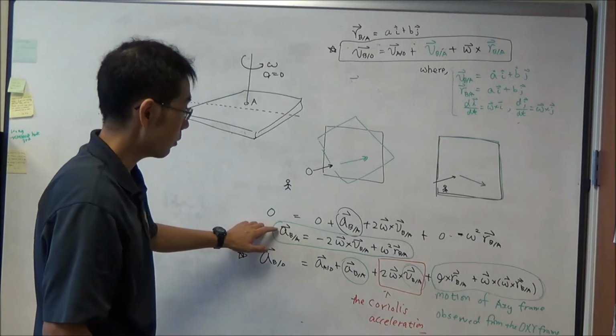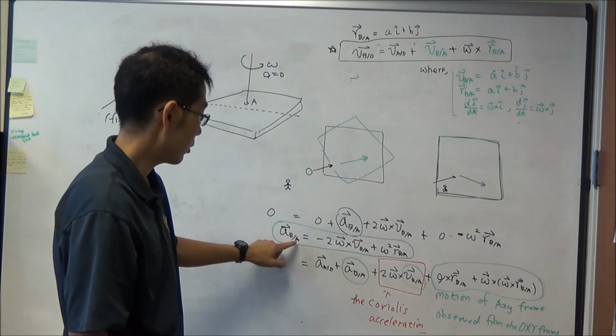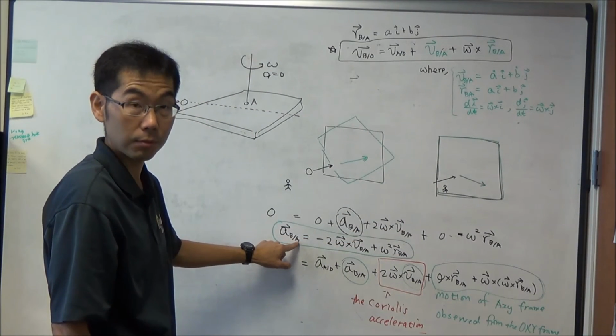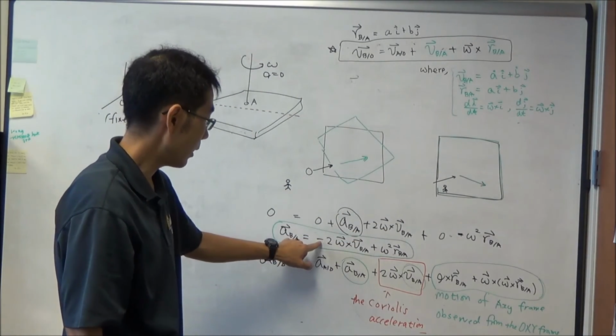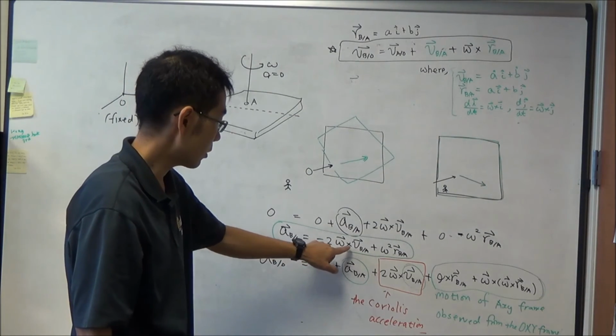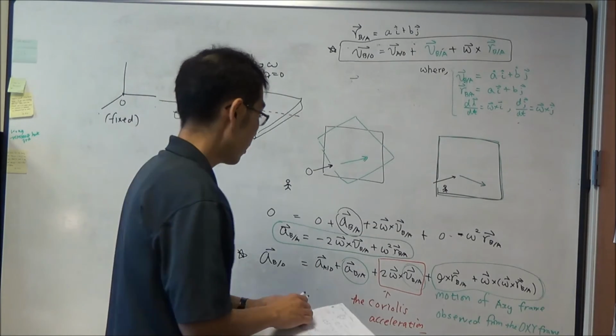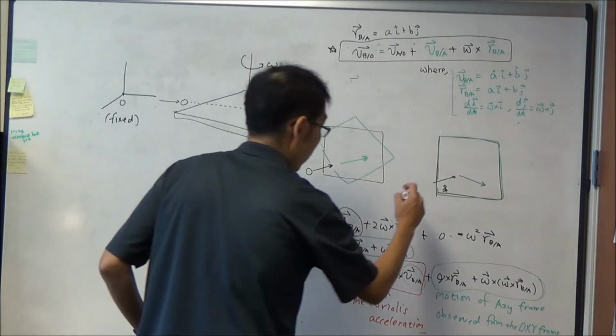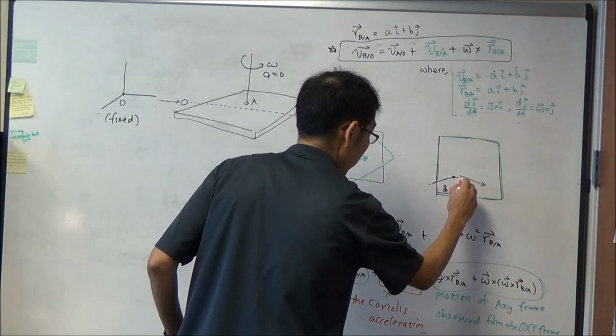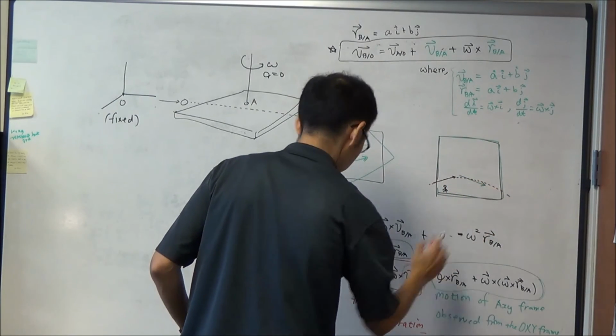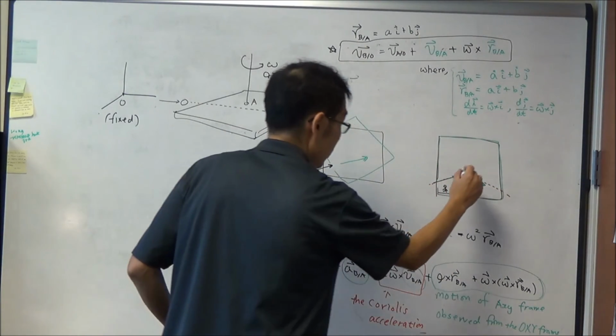So this is the acceleration of the ball with respect to your position A, which is the rotating frame, minus 2 omega cross product the v of B over A. So actually the ball is moving in this way, and this is the center.